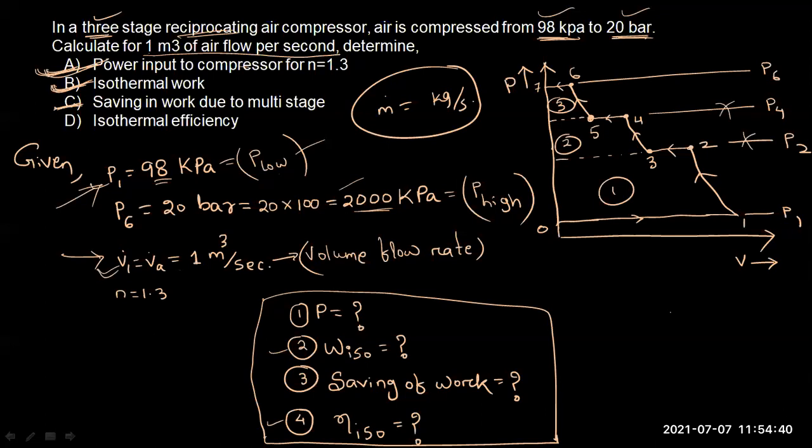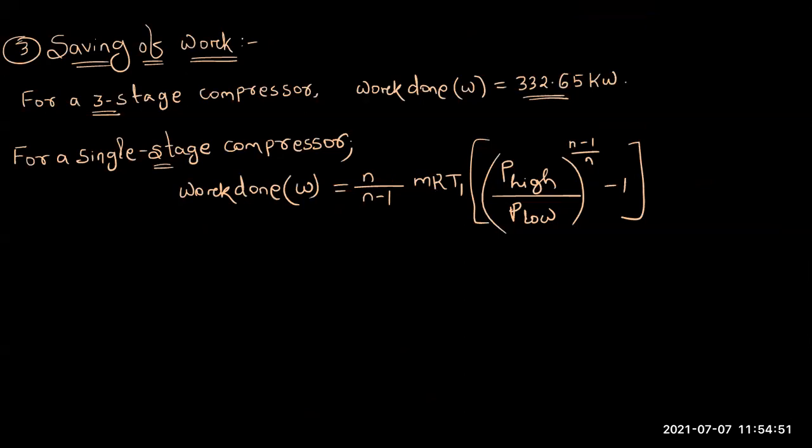Directly air will enter at the initial pressure 98 kilopascal, and after compression the air will leave at final pressure, that is 2000 kilopascal. So I have written the formula which is equal to N by N minus 1. Again, I cannot take this formula because mass flow rate is not given, initial temperature is not given. So in place of MR T1, I will write P1 V1, since PV equals MRT for the ideal case.